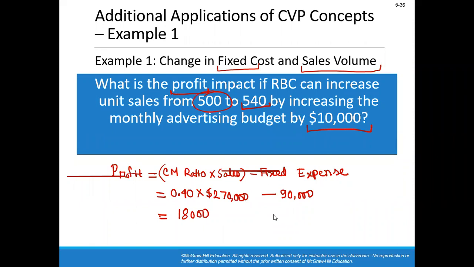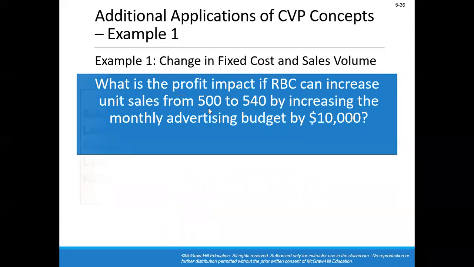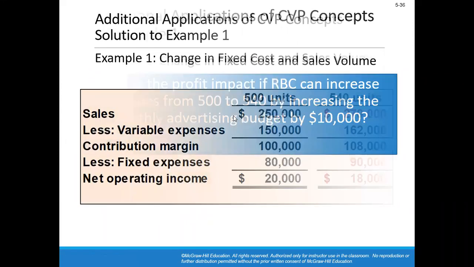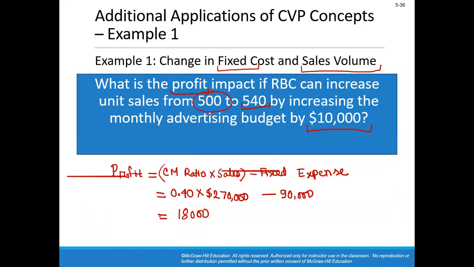So you see that for the increase of unit sales from 500 to 540, this is a good thing, right?